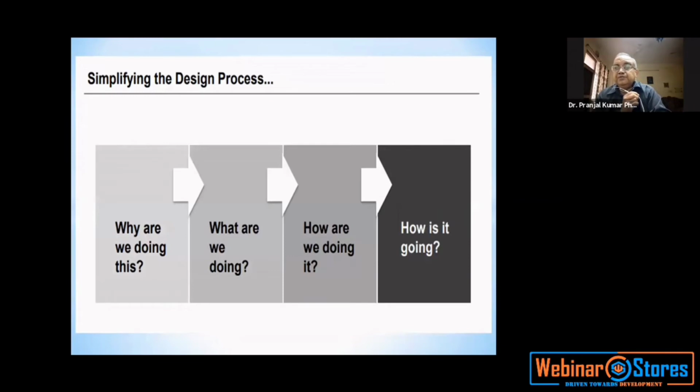If you simplify the design process, first and foremost, you need to understand why we are doing this. If this is not clear, then what is the actual purpose of doing this? So we should know why we are doing this and what we are going to do. Then once you know this, what are we doing, how are we doing, and how is it going.